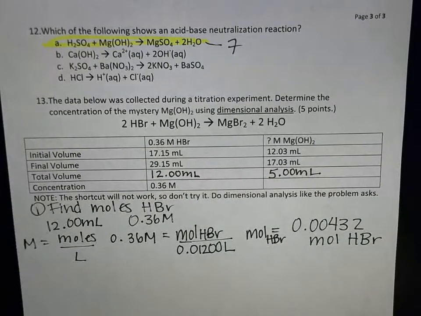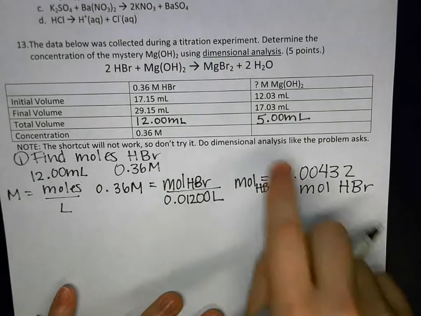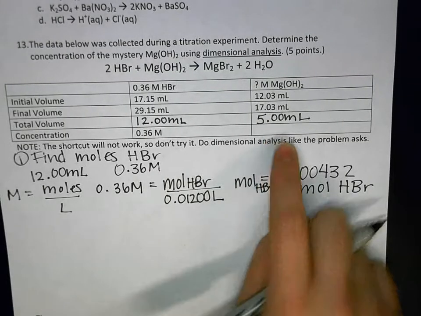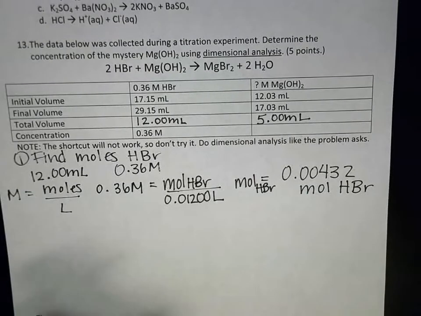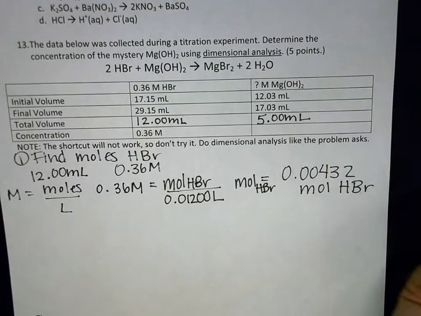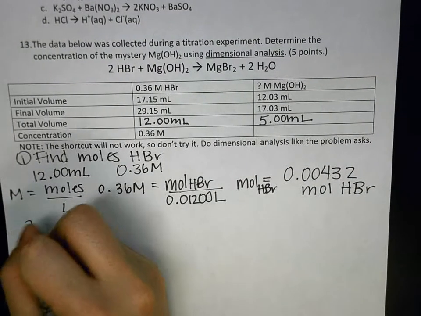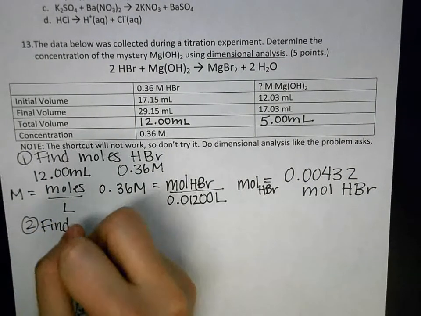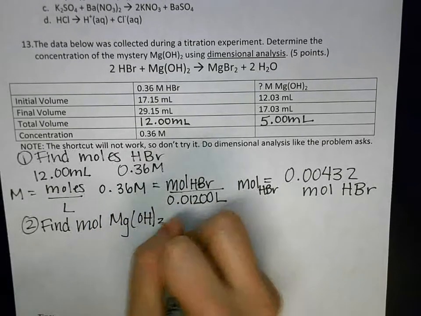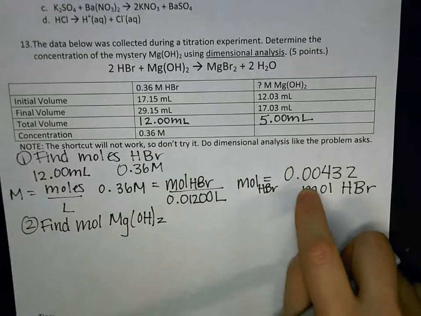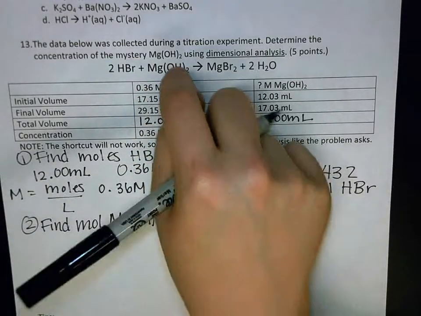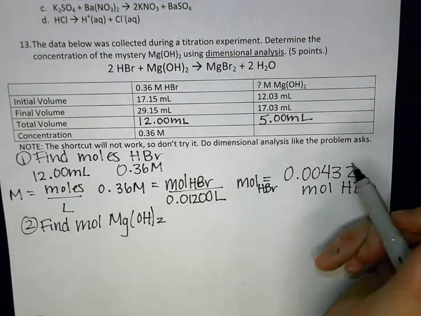Okay, so I'm trying to figure out the concentration of my Mg(OH)2. So I need moles over liters. I know the liters of my magnesium hydroxide, so I need to find the moles of my magnesium hydroxide. I know the moles of HBr, and I've got a balanced equation, so I can find the moles of magnesium hydroxide.